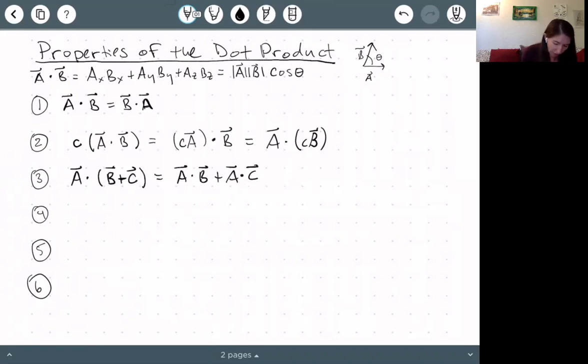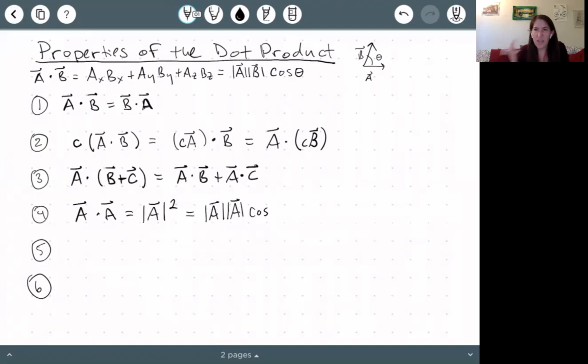All right, what if we take A dot A? If we take the dot product of a vector with itself, this is the same thing as the magnitude of vector A squared. And how do we know that? Well, using our formula, this is the magnitude of A times the magnitude of A times cosine of the angle between A and A. But A is obviously in the same direction as itself, right?